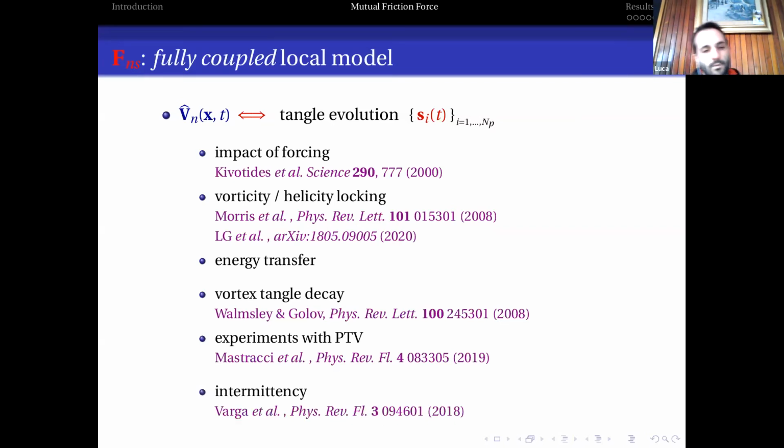Then finally, a fully coupled model would also allow us to investigate the intermittency problem, as it has been suggested in a recent paper that in quantum turbulence the intermittency is enhanced with respect to classical turbulence, and this enhancement is larger where the mutual friction force is stronger.